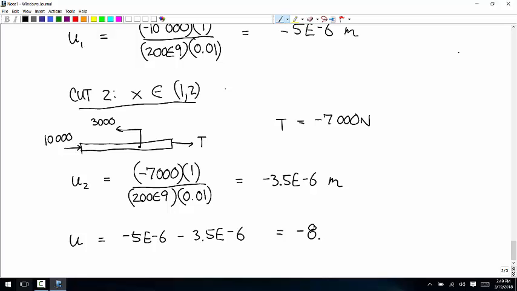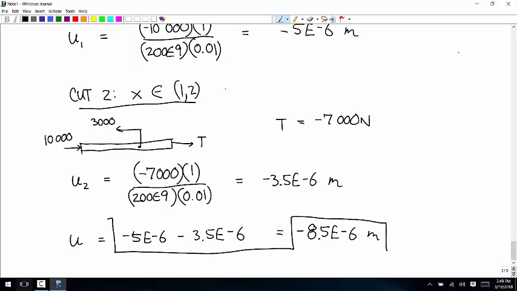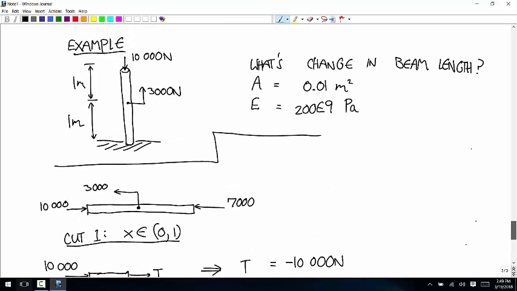So negative 8.5 times 10 to the minus 6 meters. And so if you loaded this bar this way and then measured how much this had deformed, you would see that the top of this bar had gone down 8.5 microns.